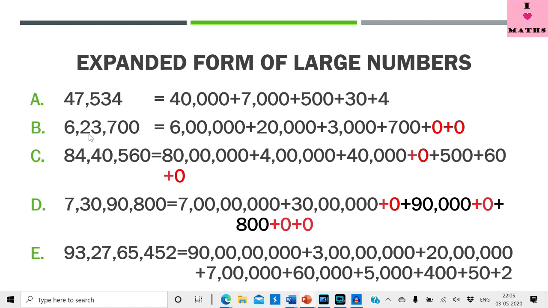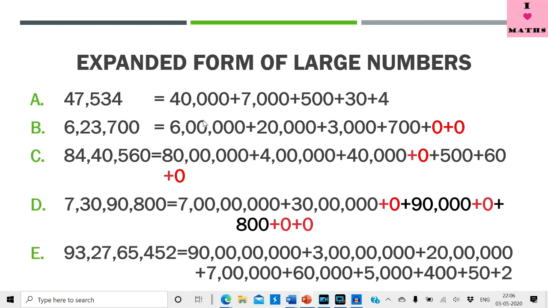Now plus the next non-zero digit is 2. So after 2, how many digits are there? 1, 2, 3, 4. So after 2, in the expanded form, there will be 4 zeros. 1, 2, 3, 4, making it 20,000.